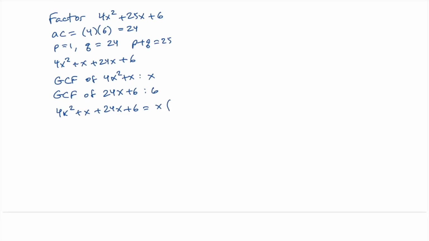We factor out our x and are left with 4x plus 1. We factor out our 6 and we're left with 4x plus 1. If we distribute through by the x and the 6, we recover our original expression. So now we factor out the 4x plus 1. The first term has an x, the second term has a 6. And so there's our second one.